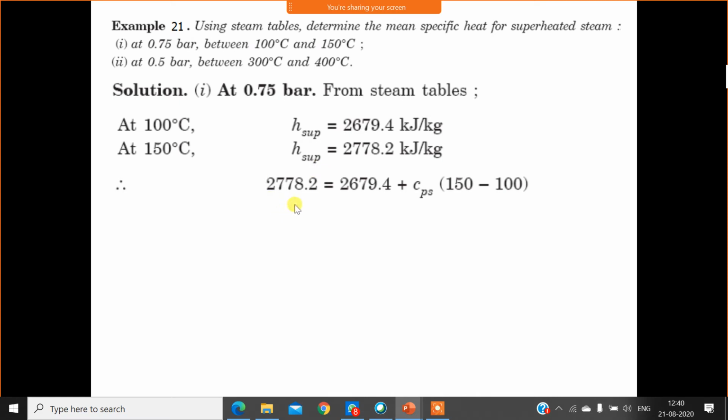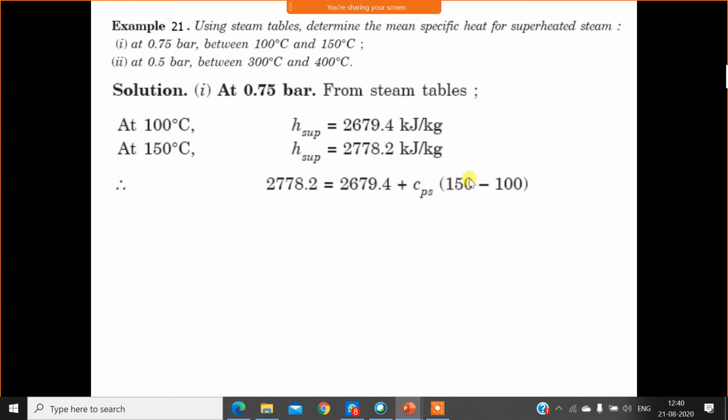Therefore, the formula will be: enthalpy of superheated steam is equal to Hg plus Cp times T sup minus T sat. Enthalpy of superheated steam we have taken from the steam table, 2778.2. Enthalpy at minimum temperature, 2679.4, plus specific heat of steam times T sup minus T sat.